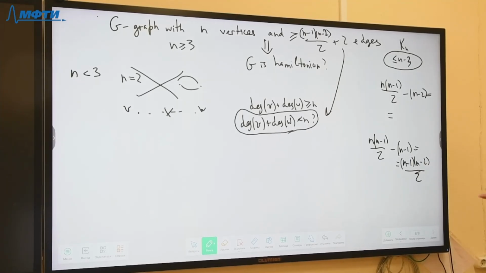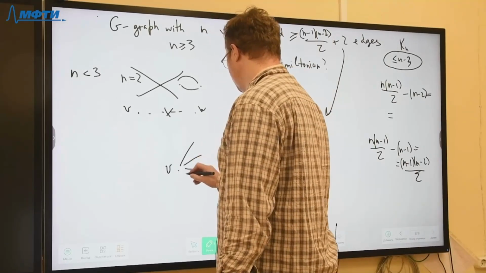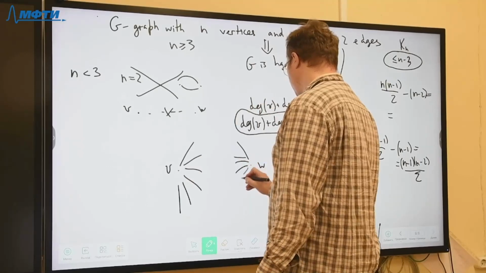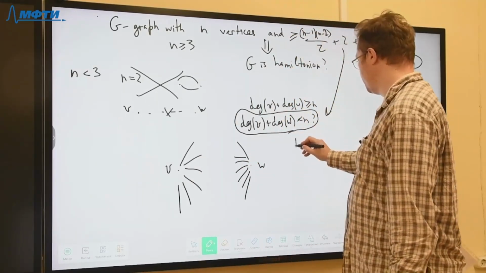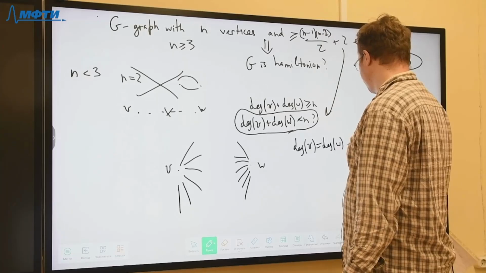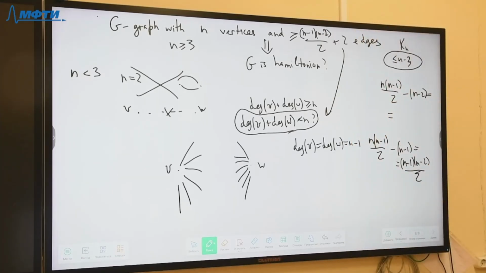Because usual vertex, so if you take vertex in Kn, each of these vertices will have the degree n minus 1. So we cut off the edge which connected them.